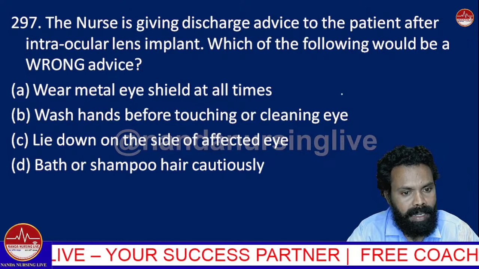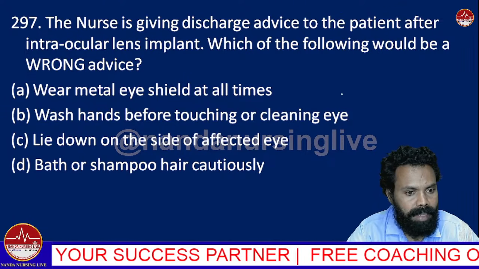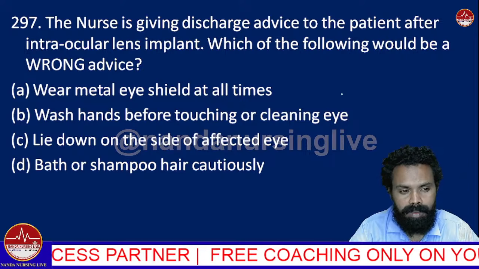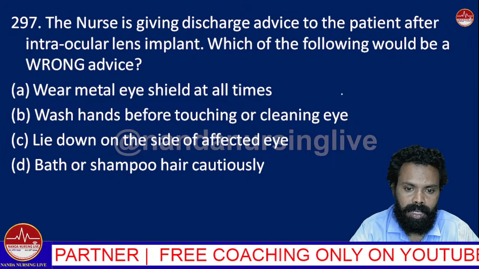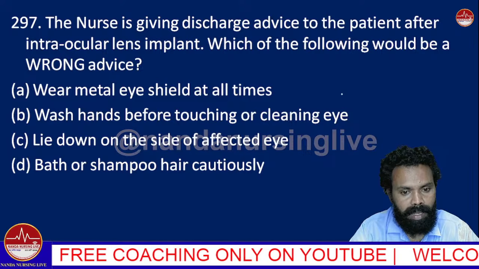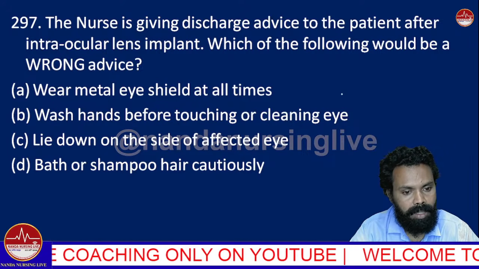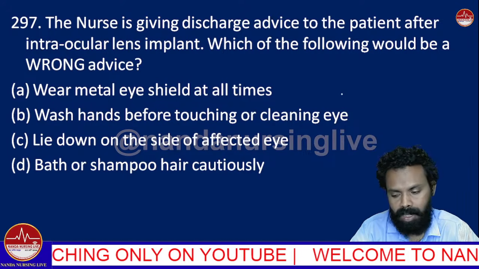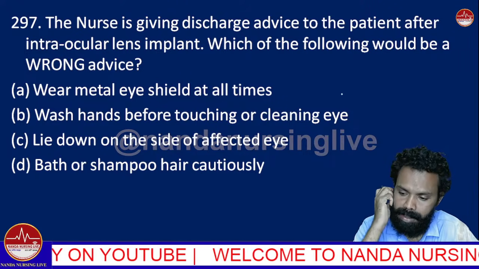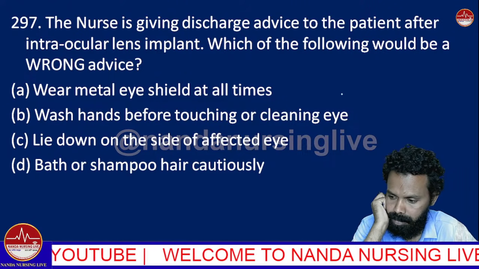Option A, wear metal eye shield at all times. Option B, wash hands before touching or cleaning the eye. Option C, lie down on the side of the affected eye. Option D, bath or shampoo hair cautiously. So which option is the correct answer?